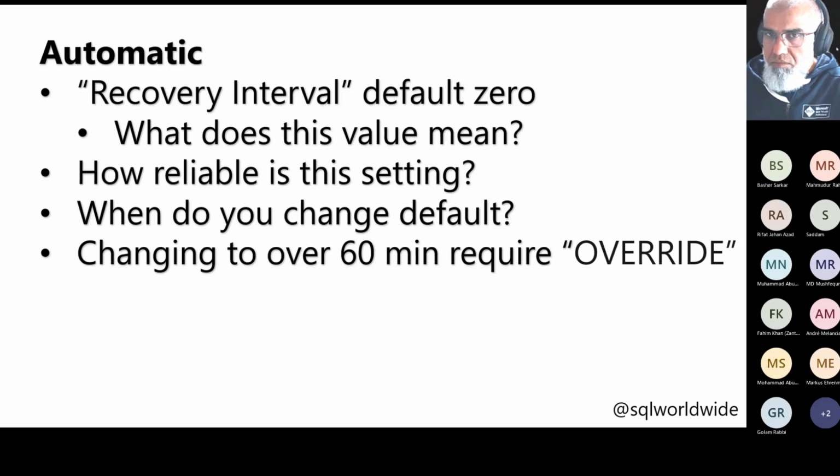If the setting is automatic, what is the default time? Is it 60 seconds or something? Default time: the default is set to 0, and the 0 means the database will typically try to recover in less than a minute. But again, as I said, this setting is not reliable because of the reasons that I explained. Okay. Thank you. You're welcome.